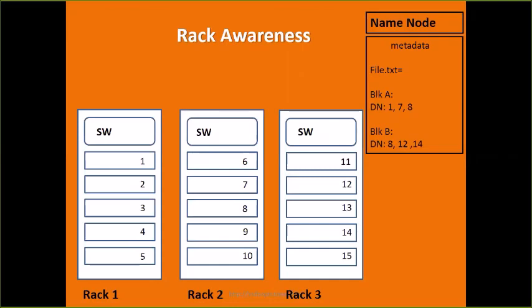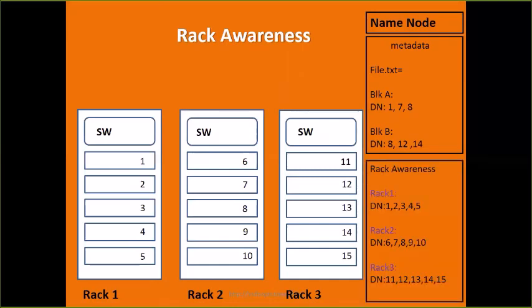So let's assume I have a file.txt file, and this file has two blocks, block A and block B. I have three racks here, rack 1, rack 2, and rack 3, each rack with 5 data nodes: data node 1, 2, 3, 4, 5, and 6, 7, 8, 9, 10.